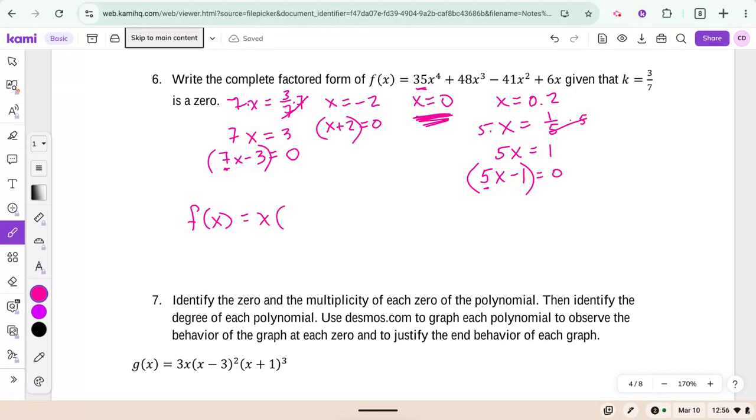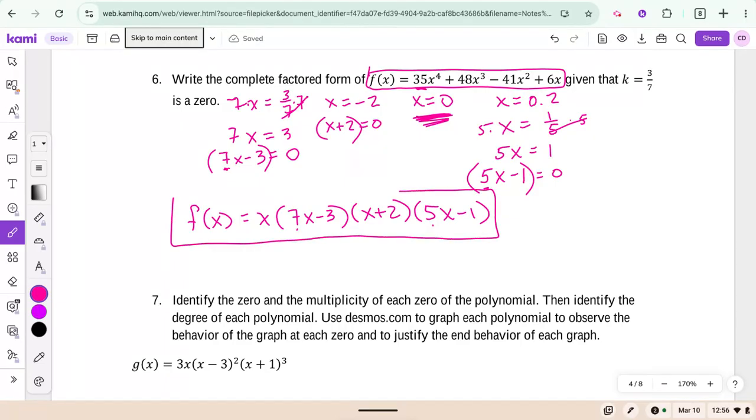And then I can put my others in whatever order you want. Doesn't matter. So if you were to multiply all of these out, you would get this original function. I know that at some point I would be multiplying 7 times 5, which is where the 35 comes from. So this is the factored version using these zeros.